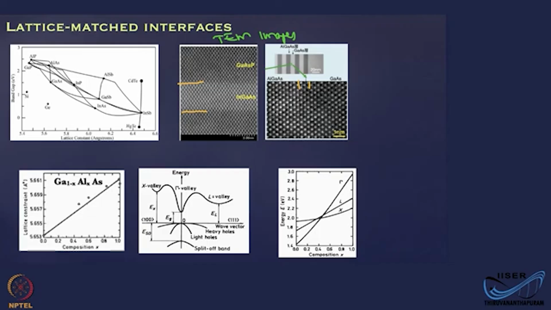Okay. Similarly here also, this is a gallium arsenide, aluminum gallium arsenide interface. In this case also, as you draw a line from here to here, it's perfectly periodic. There are no defects, there are no dislocations. These are real images of these materials between these two systems. Okay, the perfect lattice match.